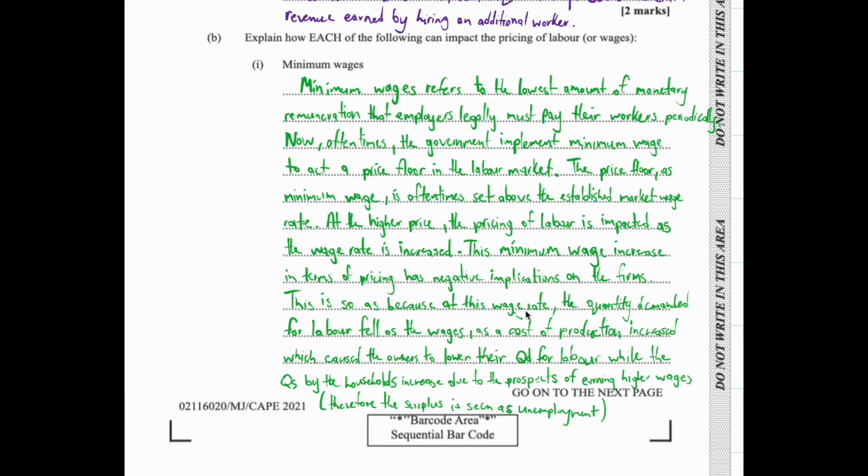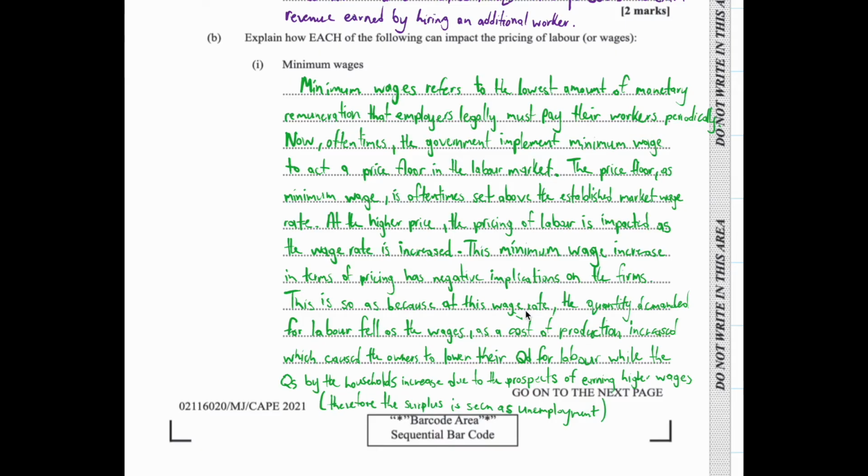Now, oftentimes the government implements minimum wages to act as a price floor in the labor market. The price floor as a minimum wage is oftentimes set above the established market wage rate. Right? So that's what we were talking about earlier with that market that we drew with the price floor above the equilibrium. Right? At the higher price, the pricing of labor is impacted as the wage rate is increased.